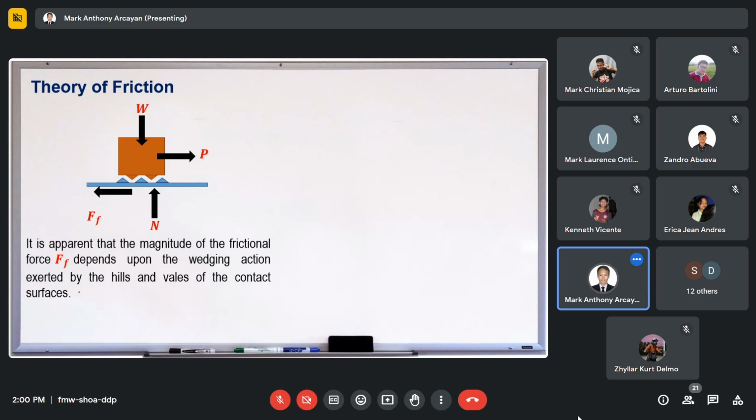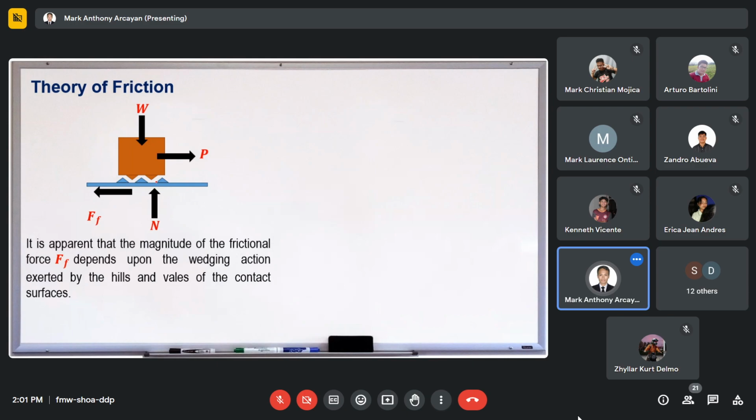If your block is very rough and your surface is also very rough, it will be difficult to move your object. It is just like removing a tightened bolt: it is hard to twist because of the roughness. There is a great frictional force on the contact surface.